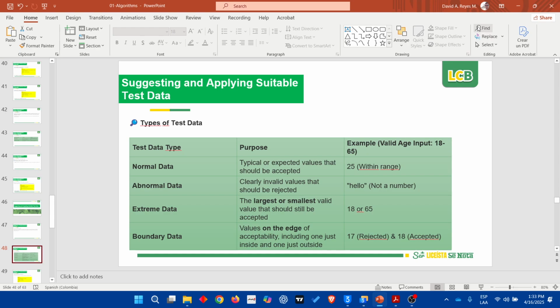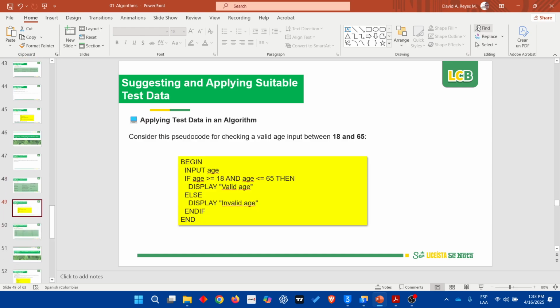That value must be rejected. If you put 18, that value must be accepted. Okay. So consider this pseudocode for checking a valid age input between 18 and 65.